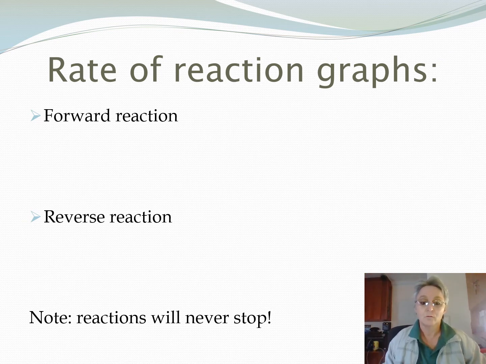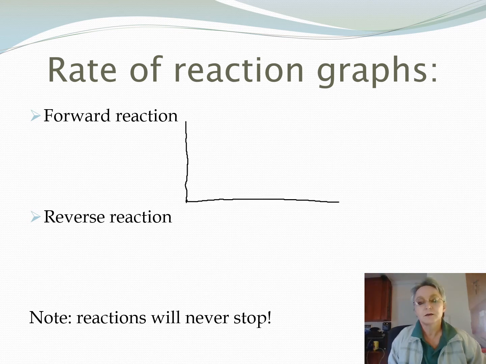So for the forward reaction, if we start off with a lot of reagents, the rate of the reaction will decrease with time, but it will never decrease to zero.